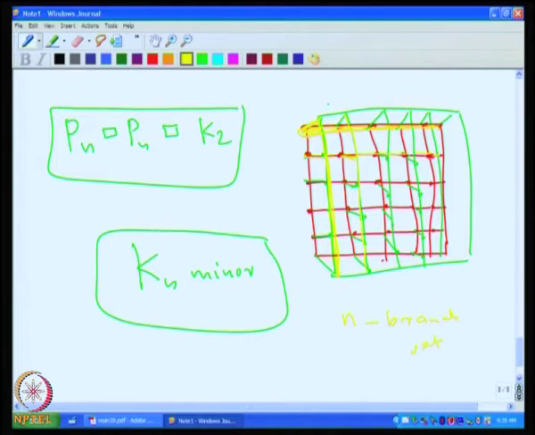Now if I contract them, what will I get? That is the question. To see this, probably we can do it in a smaller step. Let's define the branch sets slightly differently. Corresponding to each red row we have a branch set, it is definitely connected. Corresponding to each green column we have a branch set.